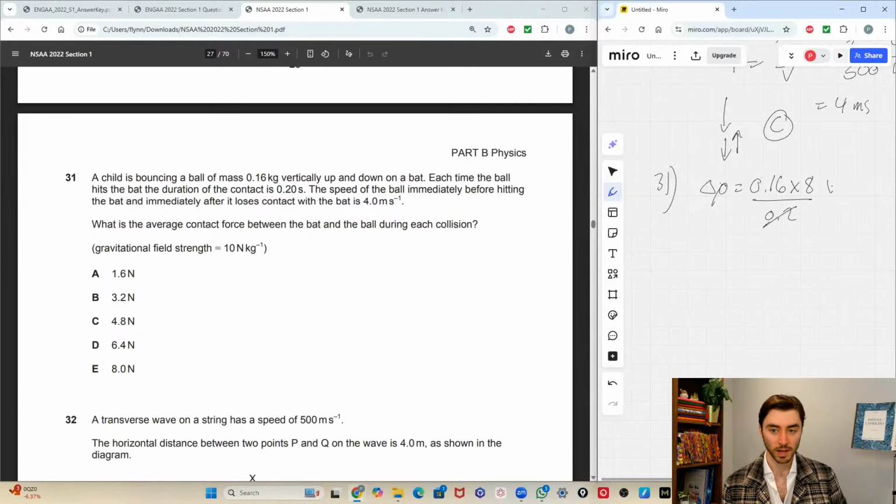I'm going to keep the 0.2 so I can cancel. 1.6 all over 2 is 0.8, is 6.4. Sorry for the working, guys. All right, that's D. I'll come back to that.